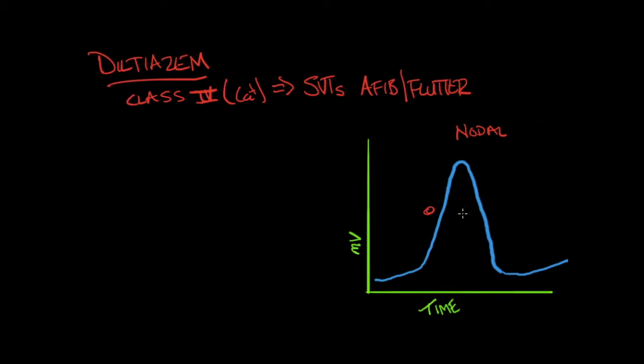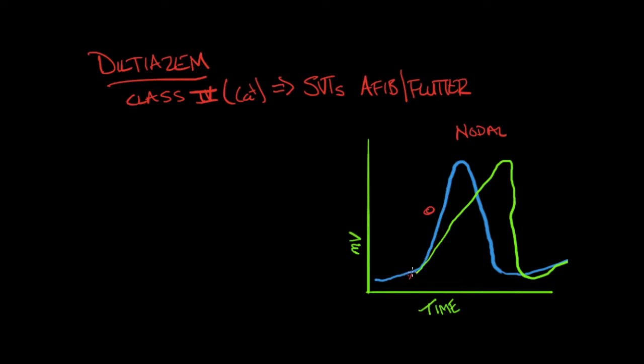And just like amiodarone, it's going to delay that phase or push out that phase, and we're going to increase our area under the curve and get a shape more like that.